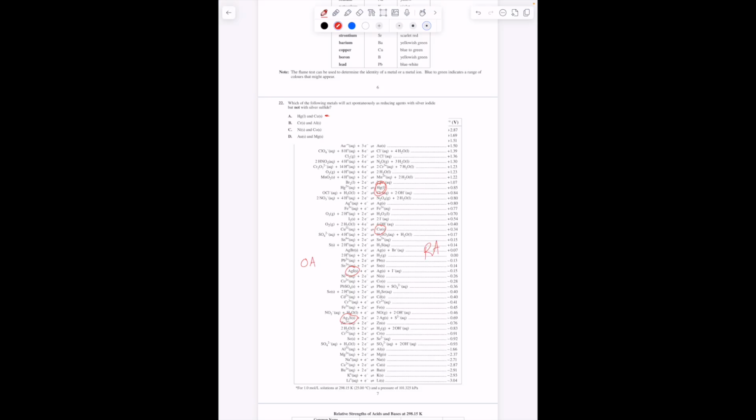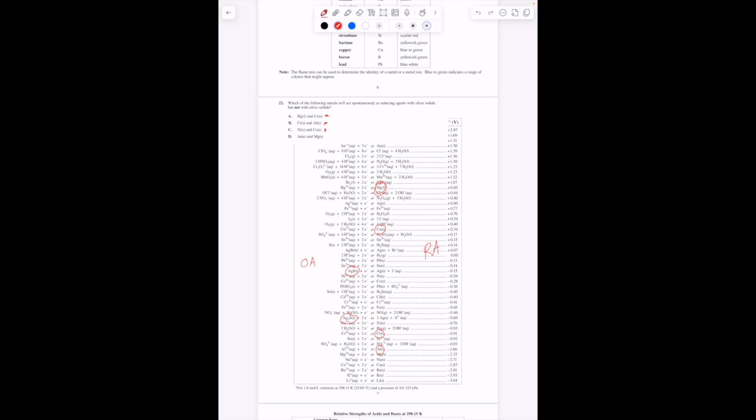Those are certainly not going to be spontaneous. Those are non-spontaneous; they are above, so I'll just get rid of those. All right. Cr and Al. Chromium is right there, and aluminum is right there. So they react spontaneously with both of those. So that's not the answer.